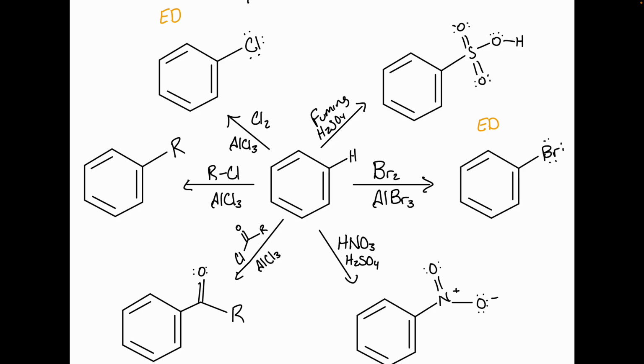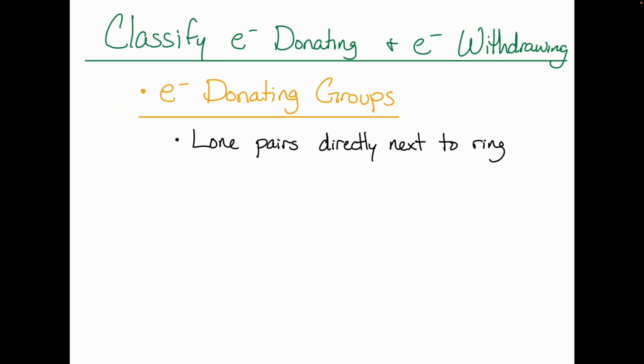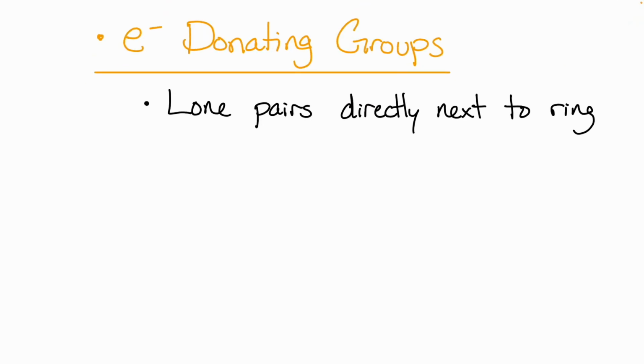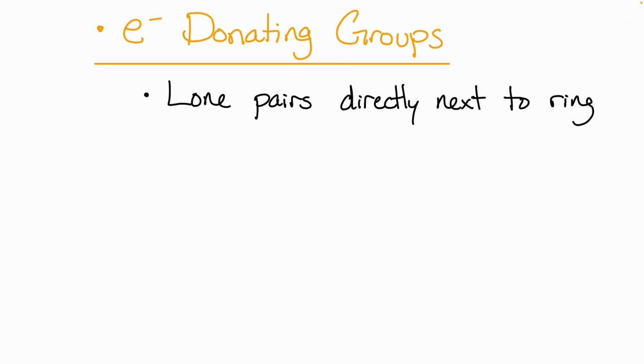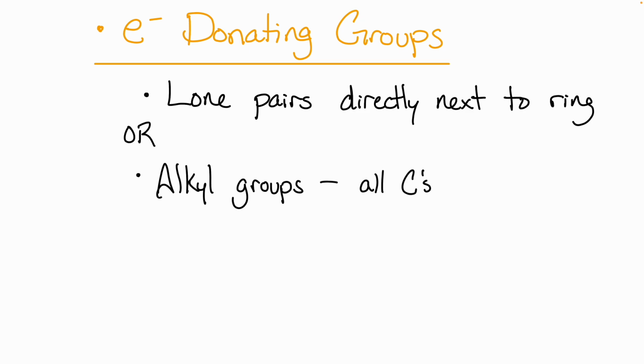Okay? There's one more group on here that doesn't fit that same pattern, so we're just going to make a note. Electron donating groups have lone pairs directly next to the ring, or they're alkyl groups, which remember means all carbons and hydrogens with single bonds.